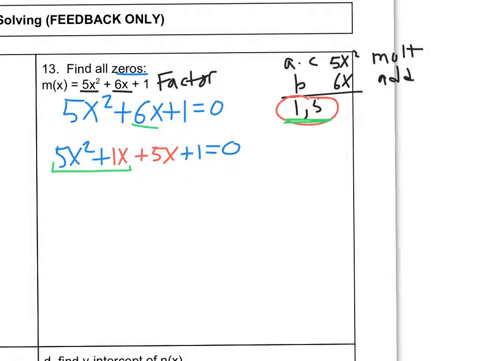I'm going to factor each piece now. 5x squared and 1x, I know that 5x squared is really 5 times x times x, and 1x is really just 1x. They both have only an x in common. And I can undistribute that, leaving me with 5x and a plus 1. If I were to trace this back, 5x times x is 5x squared, cool, and x times 1 is 1x. We're cool with both of those.